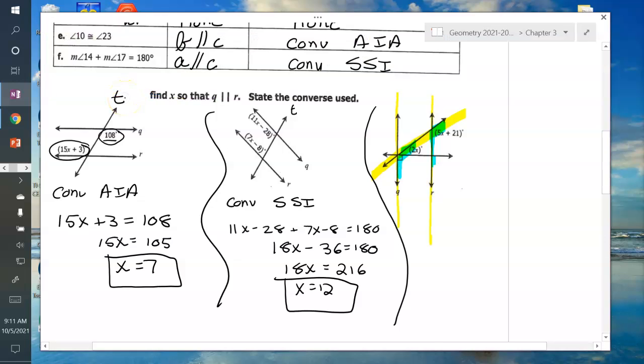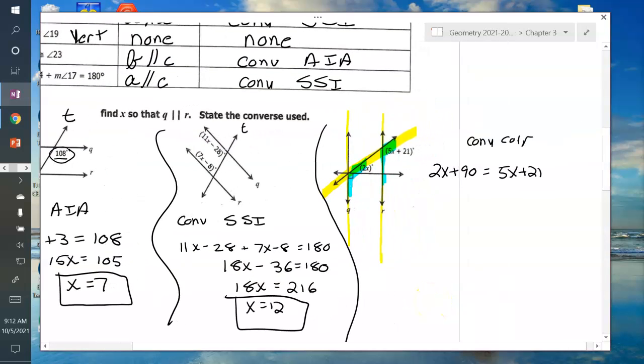But check this out. This angle here is not just 2x, it's 2x plus 90. So we're going to use converse of corresponding. We're going to say 2x plus 90, don't forget that, equals 5x plus 21. So careful, careful, careful there.